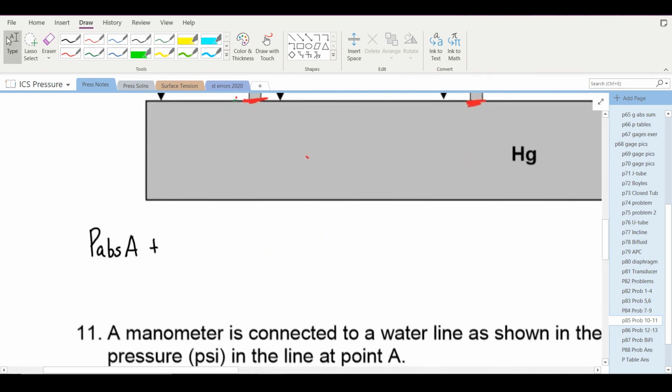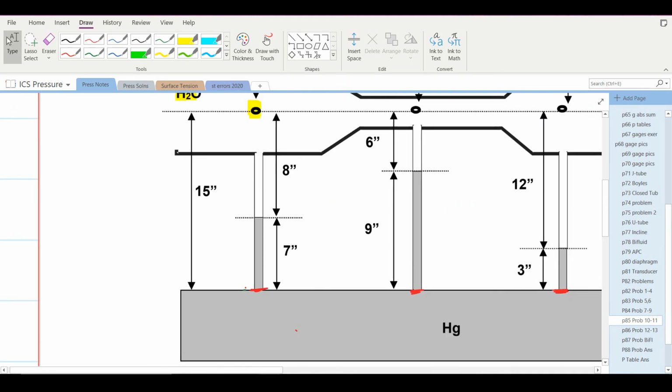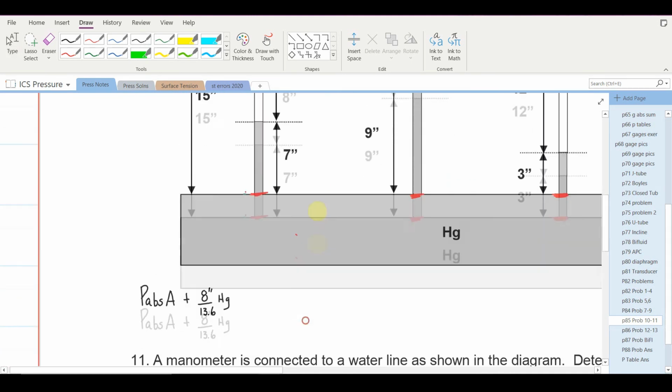But I want them all in the same type of fluid. So 8 inches of water, if I divide that by 13.6, I'll have the equivalent number of inches of mercury, right? So 8 inches of water divided by 13.6 gives me the equivalent height of mercury, plus 7 inches of mercury.